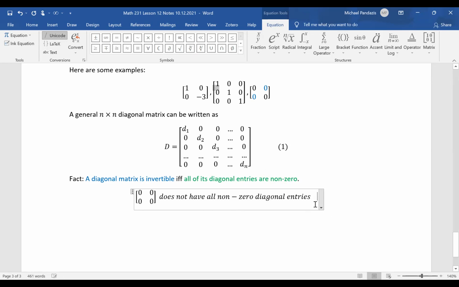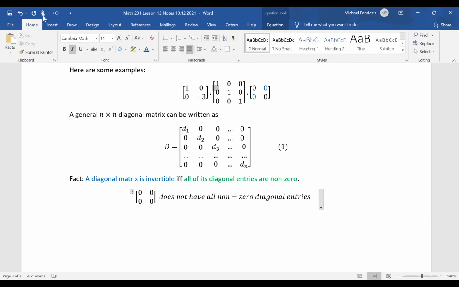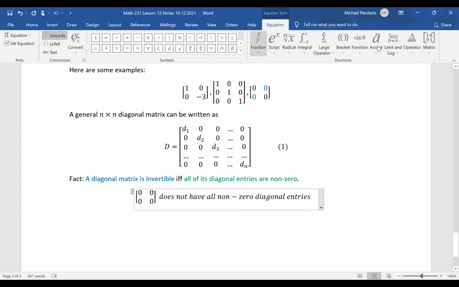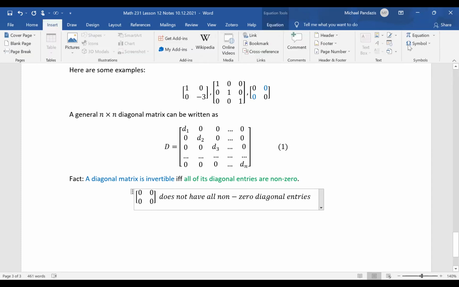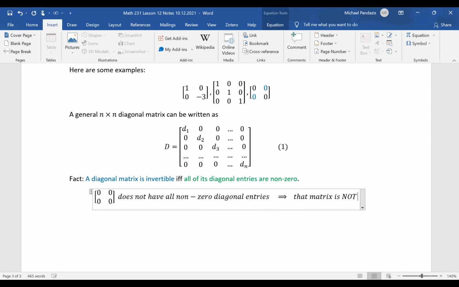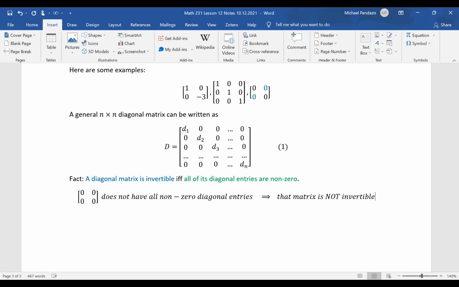In fact, they're all 0. So since it doesn't have all non-zero entries, then that implies by the above fact that that matrix is not invertible, right?